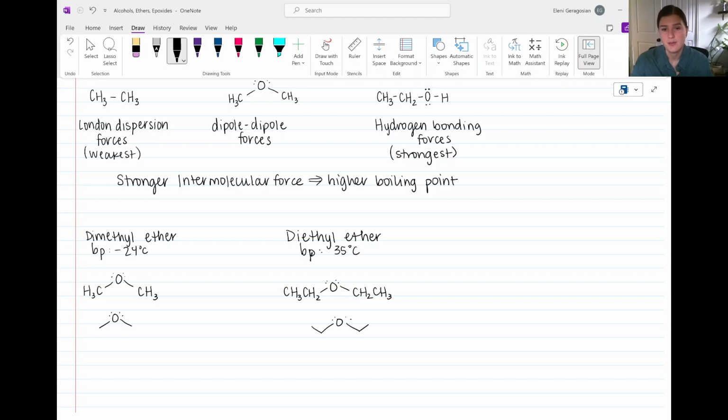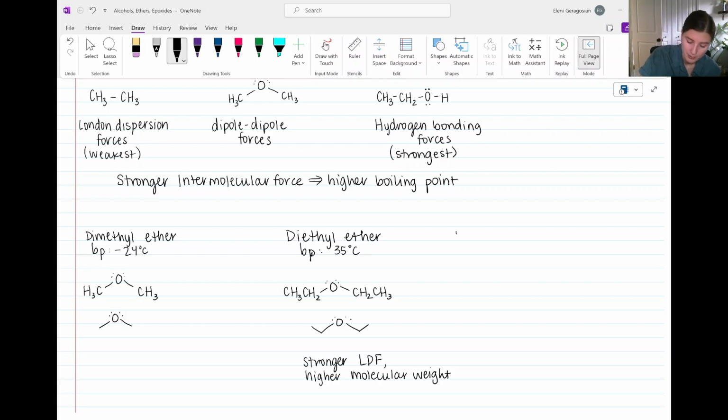Overall, diethyl ether has a higher molecular weight because of the two extra carbon groups. So that also influences its boiling point. So we'll say stronger LDF, for London dispersion forces, and then higher molecular weight. And that's why diethyl ether has a higher boiling point than dimethyl ether.